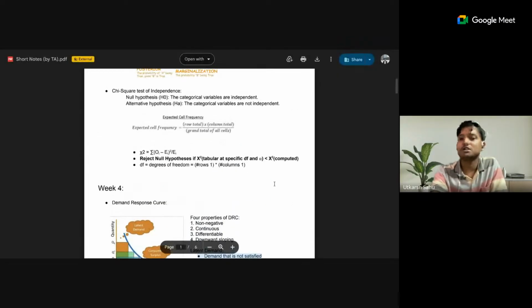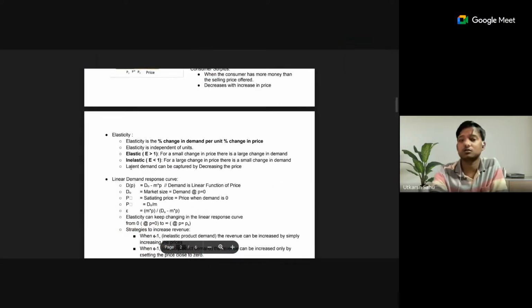Remember basic definitions: what is likelihood, what is prior, what is posterior, what is marginal. Latent demand can be captured by decreasing the price. So these are some small facts.